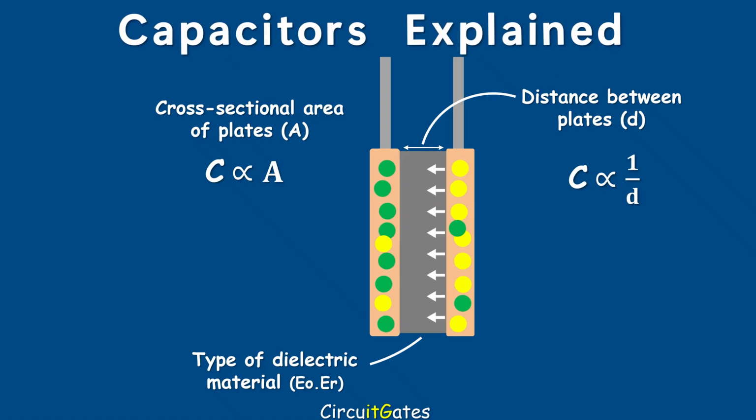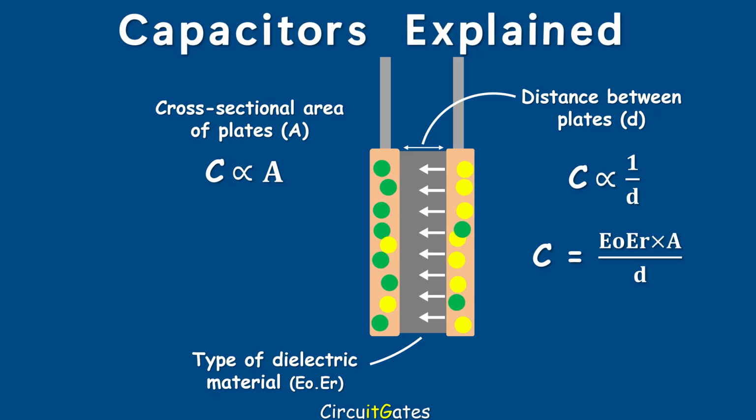Materials for dielectrics are rated based on the ease with which an electric field can be established through them, called permittivity. The larger the permittivity value, the larger the capacitance is. To get the actual capacitance of a capacitor, we combine the three factors in the formula. Capacitance is equal to the product of absolute permittivity and cross-sectional area, divided by distance between plates.